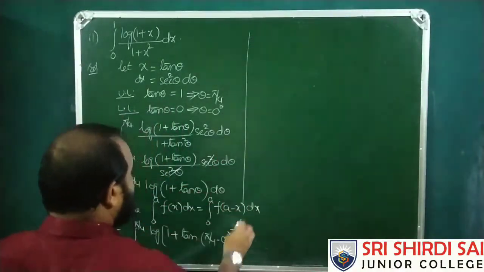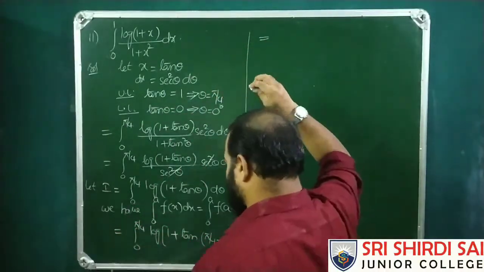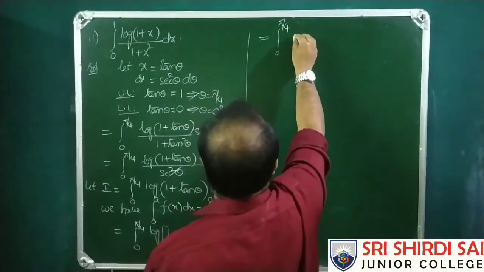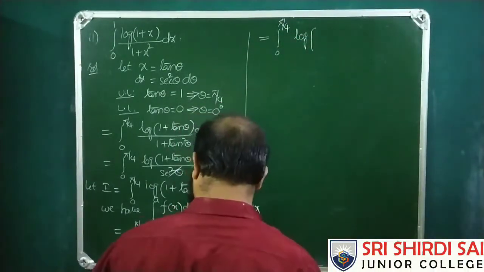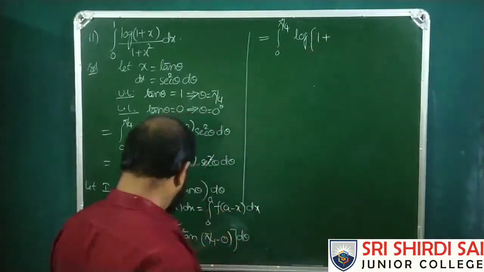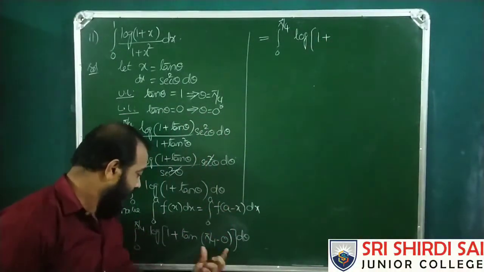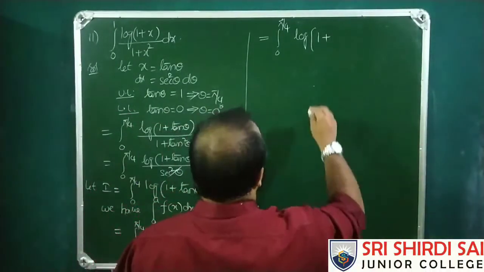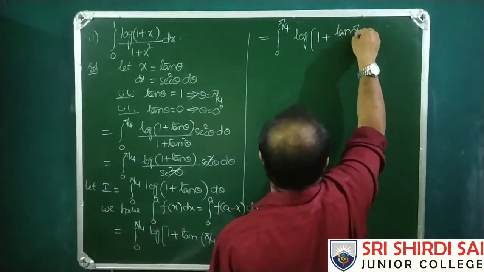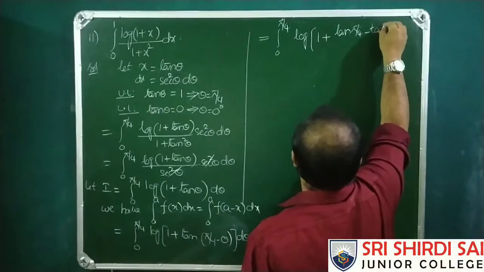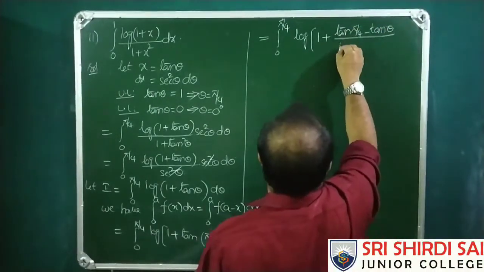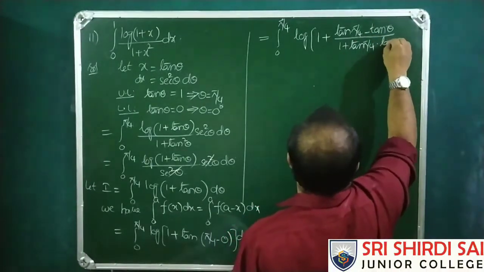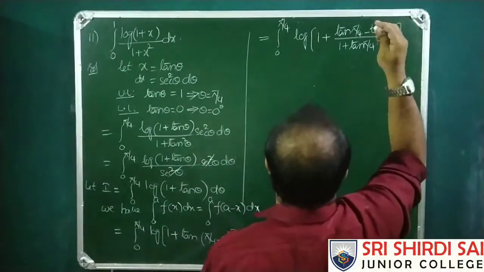So that is equal to integral 0 to pi by 4 log(1 + ...). We are all familiar with tan(a minus b) = (tan a minus tan b) by (1 + tan a tan b). So tan pi by 4 minus tan theta by 1 + tan pi by 4 into tan theta, whole d theta.